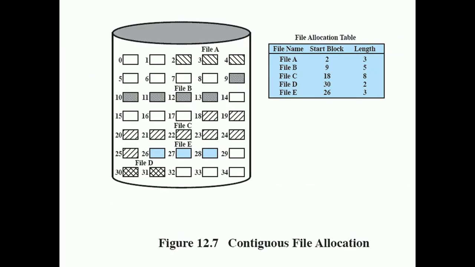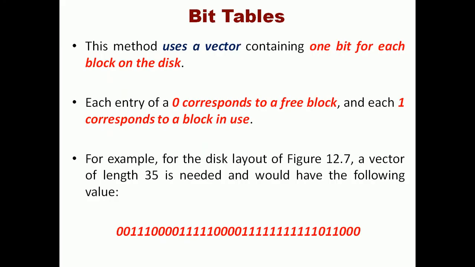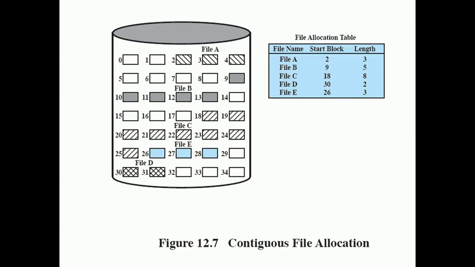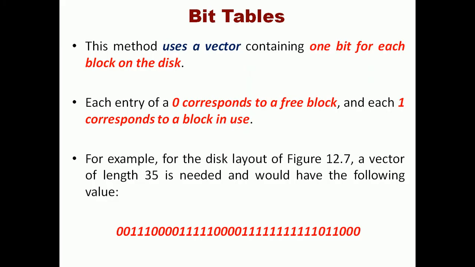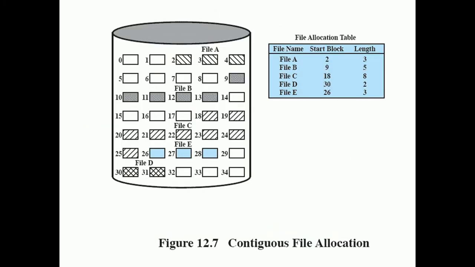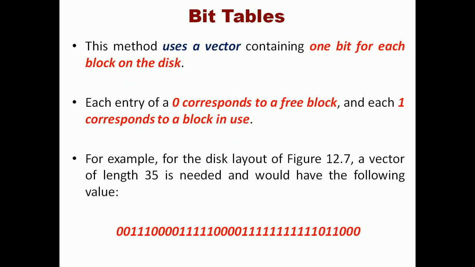The next three blocks are allocated, so three continuous 1s, 1 1 1. The next 4 blocks are not allocated, so 0s. The next 5 blocks are allocated, so five 1s. Likewise, we maintain a vector to identify which blocks are allocated and which blocks are free.